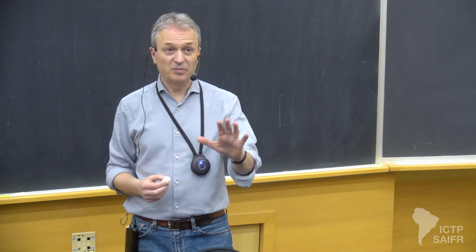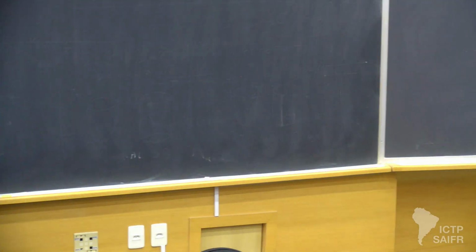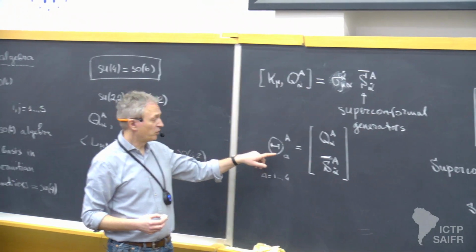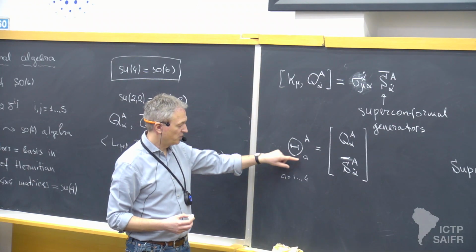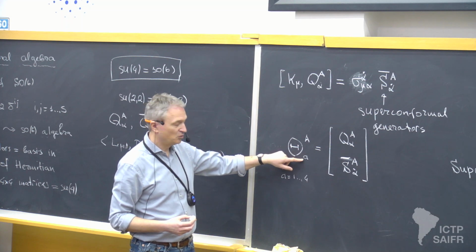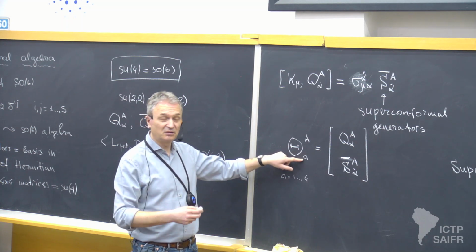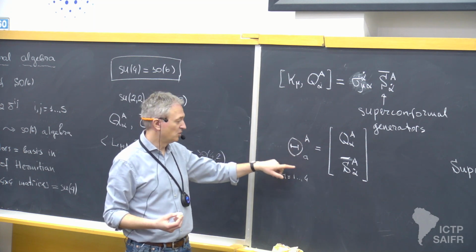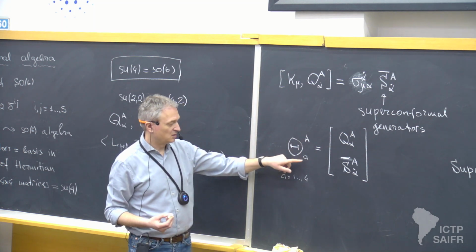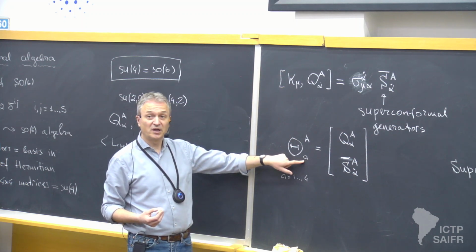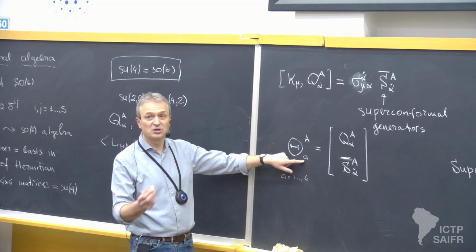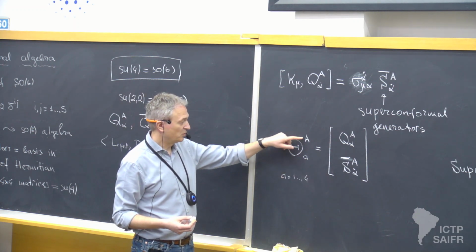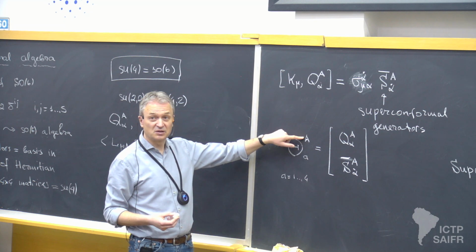Yes. So let me comment precisely on that. You see that theta is a 4x4 matrix. So it has 4 indices that I denote by lowercase letters and 4 that are uppercase. They have different nature. This index is acted upon by Lorentz generators, so conformal generators, whereas this is an SO(6) index.